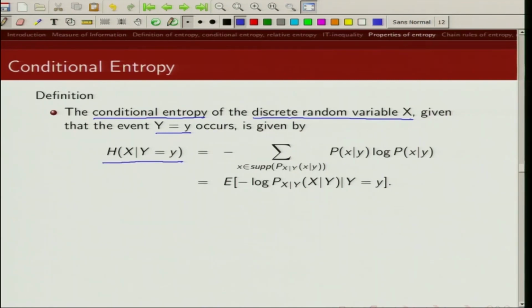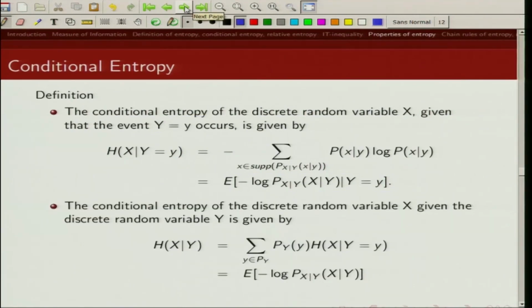The conditional entropy of x given that the event y equal to y has happened is given by this expression, which is minus the summation over the support set of the conditional probability distribution of x given y, p(x|y) log of p(x|y). So this is basically the expectation of minus log of p(x|y) given that the particular event y equal to y has occurred.